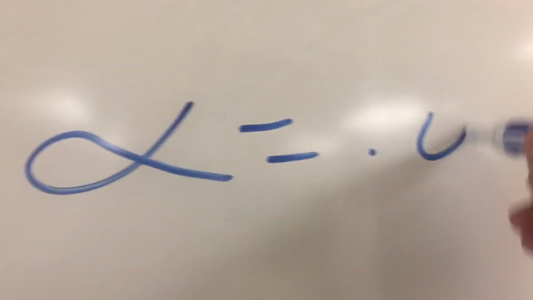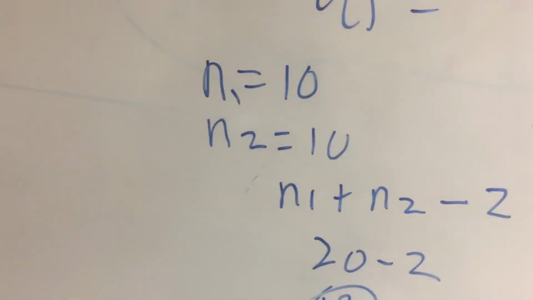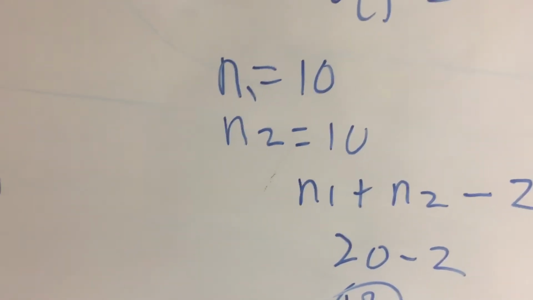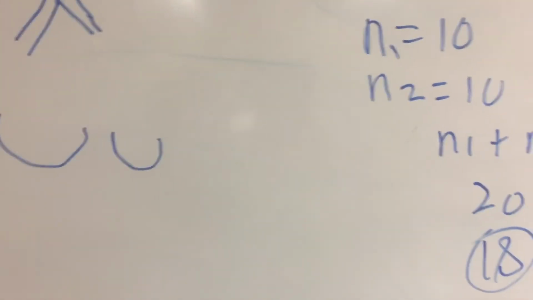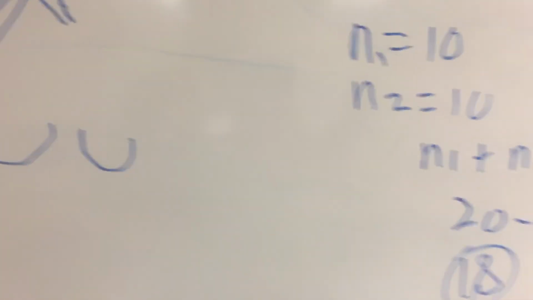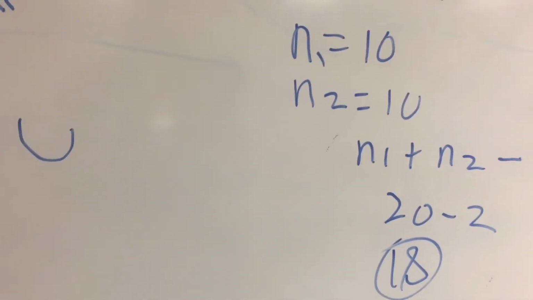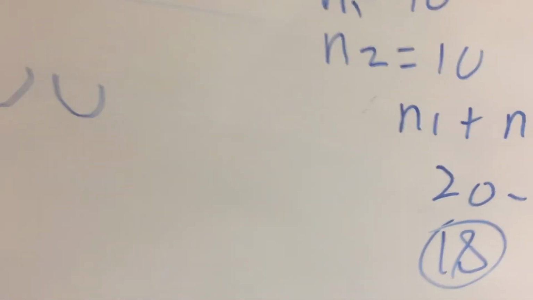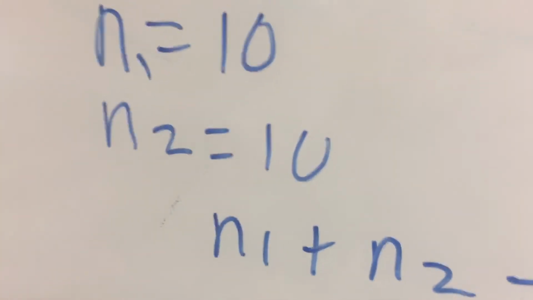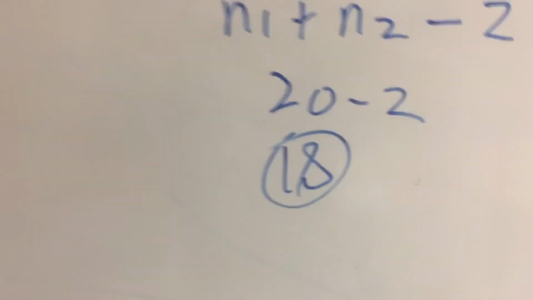My alpha level is going to be equal to 0.05. That means that 5% of the time I could make a type 1 error. So I'm going to be 95% confident that my results are going to be true, with 5% of the time I could be wrong.